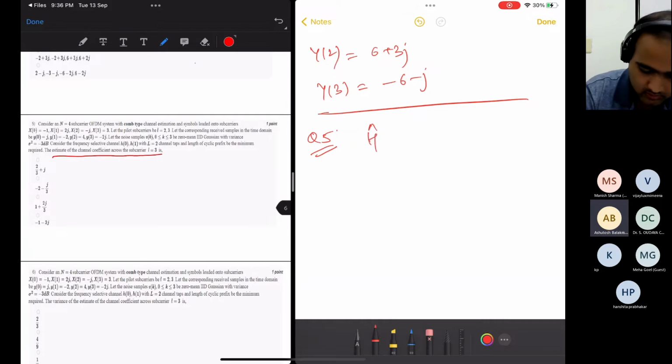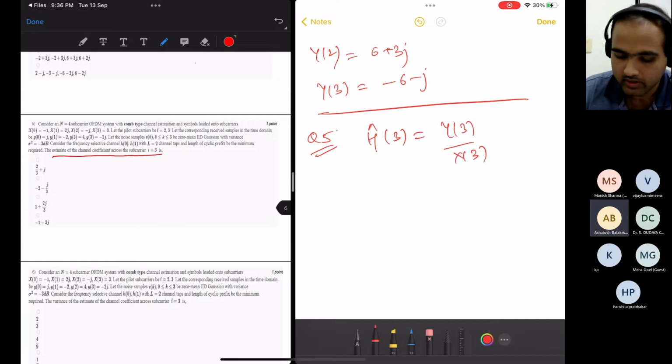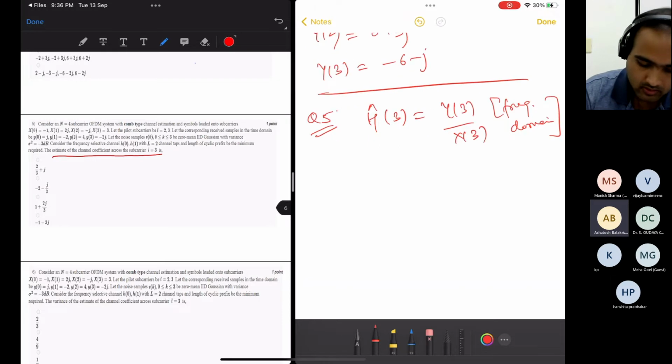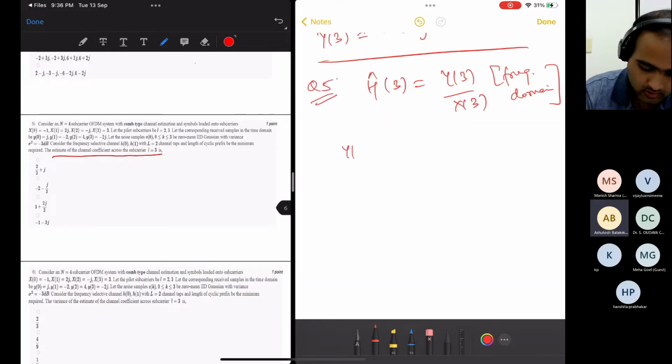So it has basically asked what is h hat of 3, and for OFDM we know it is y3 over x of 3, and this is all in the frequency domain. Just remember that. And what is y of 3? We solved it earlier, it is minus 6 minus j, and x of 3 is directly 3.